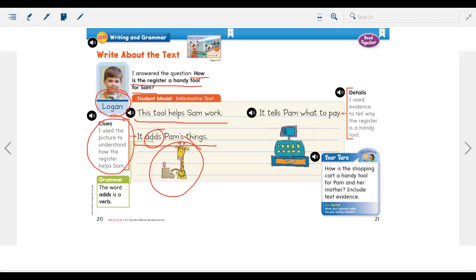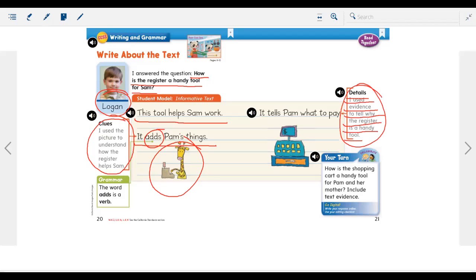Now, over here, these are details. This is Logan writing still. He says, I used evidence to tell why the register is a handy tool.